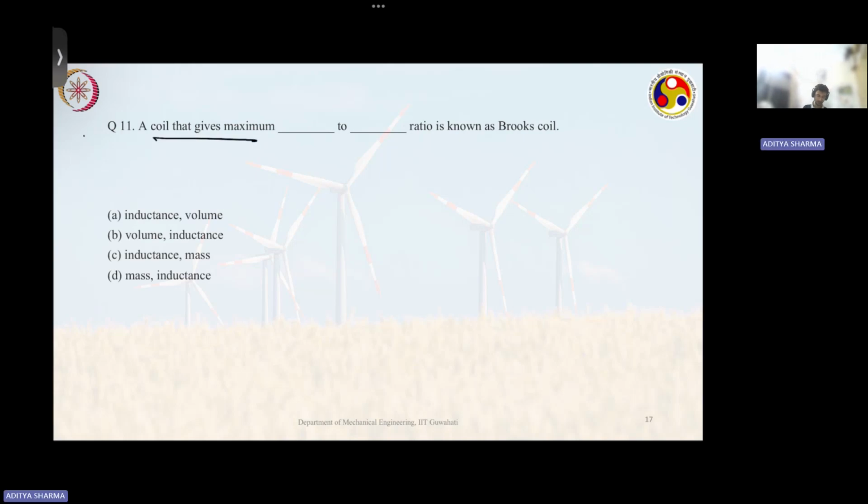So this is from your magnetic energy storage system. A coil that gives maximum dash to dash ratio is known as Brooks coil.